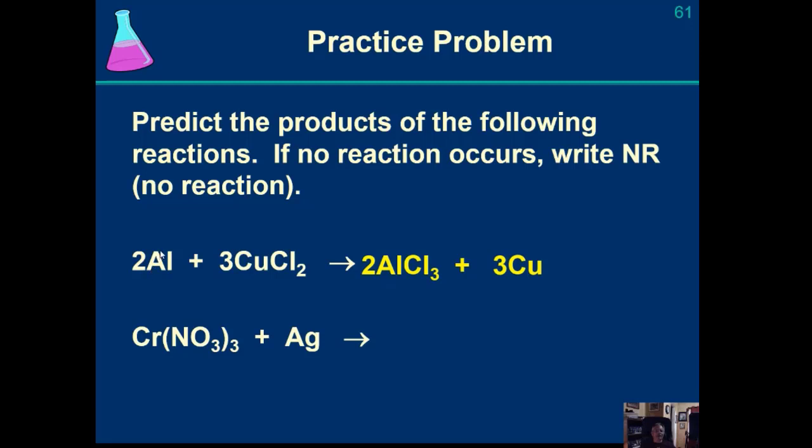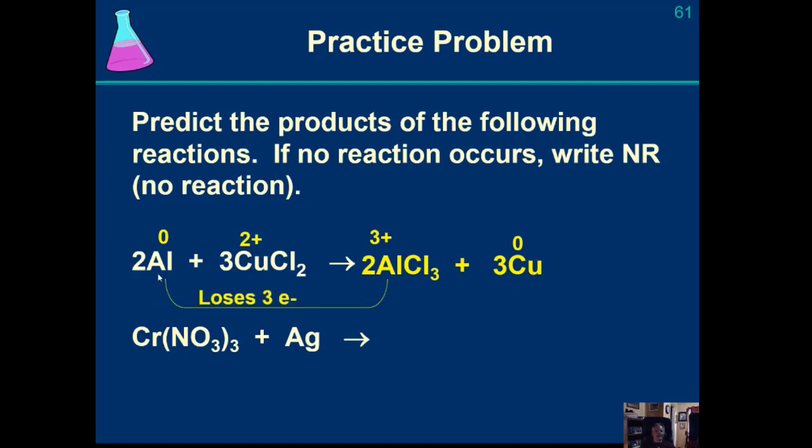Aluminum is an element by itself, so it has a 0 oxidation state. We determine that copper has a +2 oxidation state by looking at the two -1s for the chloride. Aluminum always has a +3 oxidation state when it's in a compound, and then copper is an element by itself. It has a 0 oxidation state.